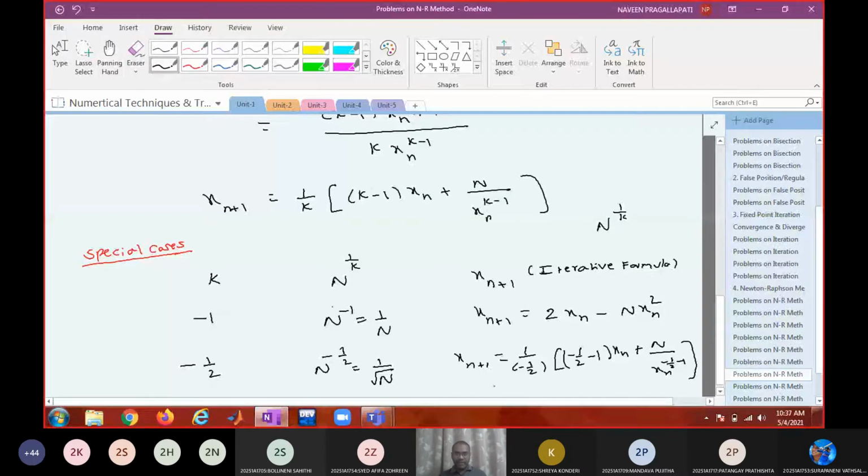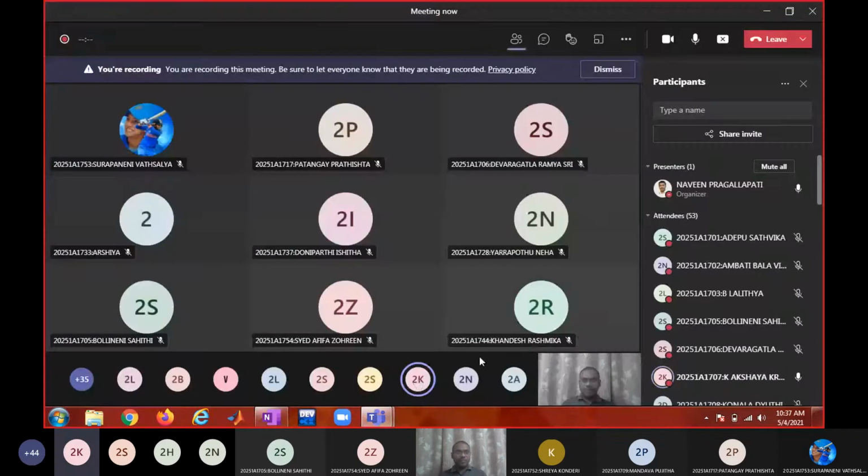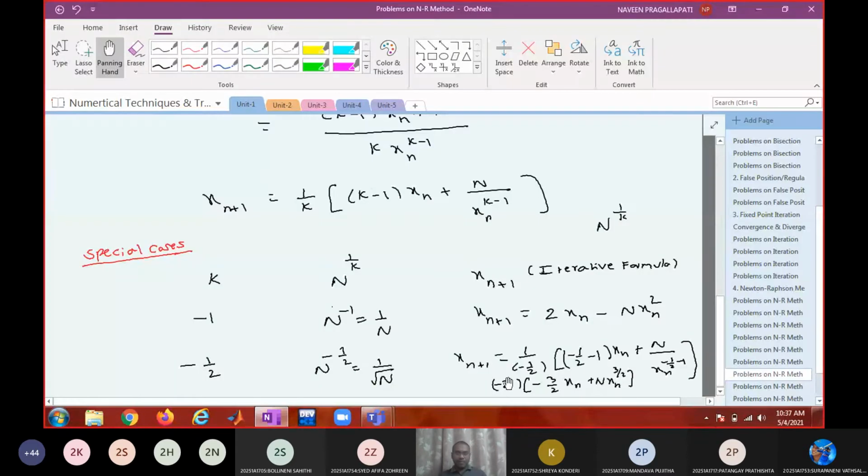So I'll write here. So minus 2 times 3 by 2 xn plus n into xn power 3 by 2. Okay, so minus into minus plus, 2 gets cancelled. It is going to be 3xn minus 2n into xn power 3 by 2.